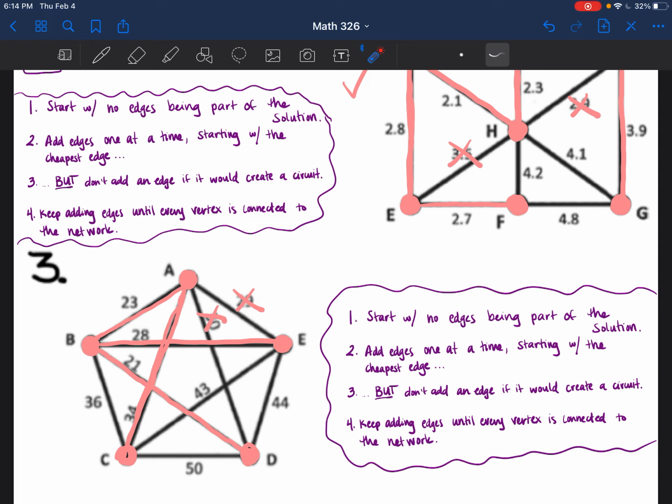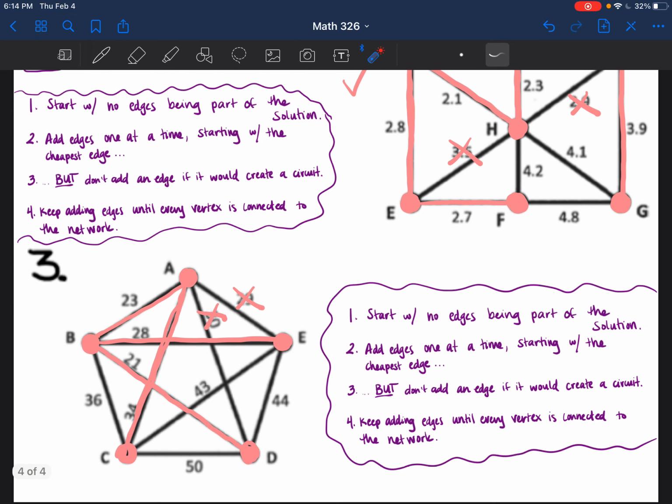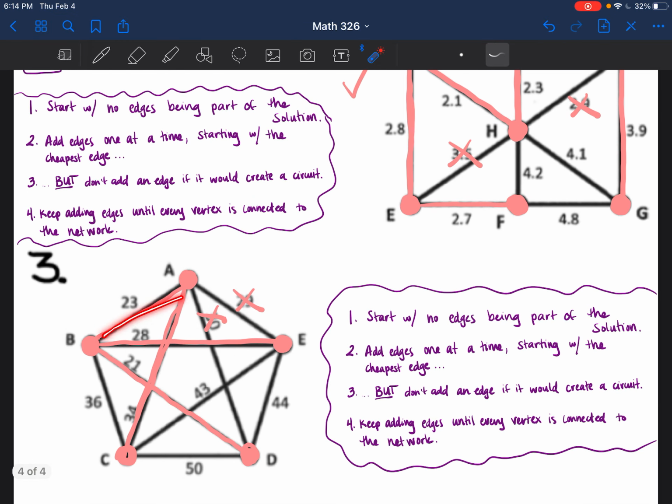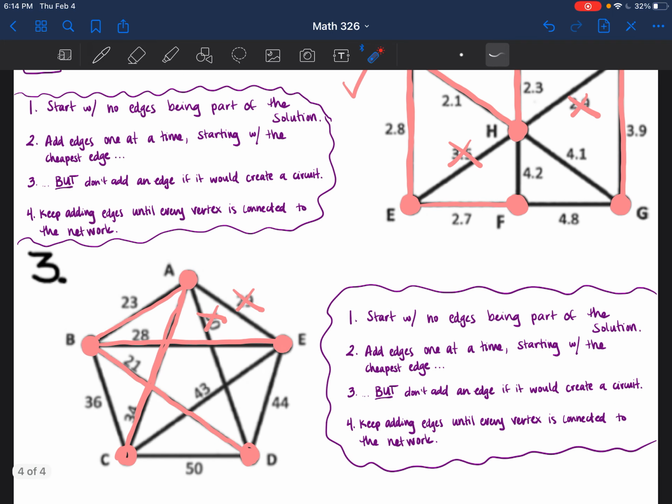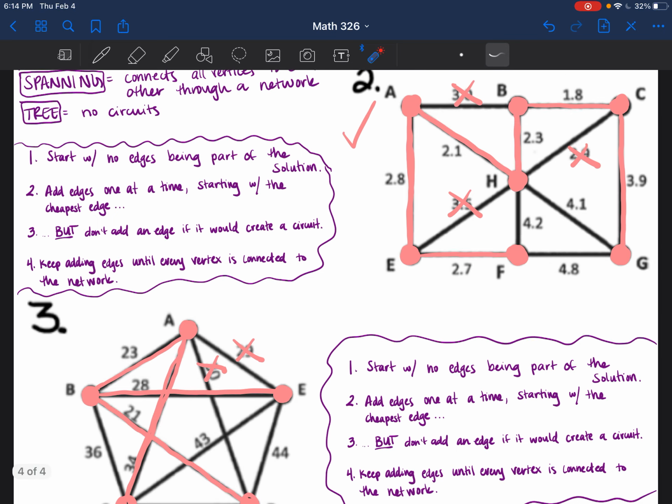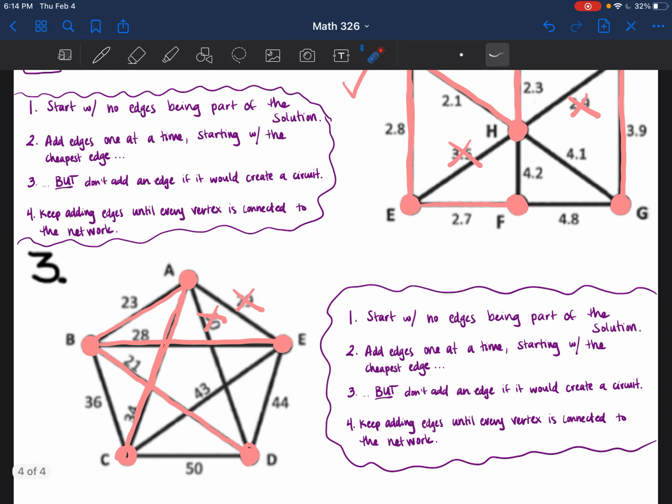So that means we have successfully used Kruskal's algorithm to create a minimum spanning tree because we used all of the lowest edges we could. We connected all the vertices to each other through a network. Even if you have to cross through edges to get to another vertex, that's okay as long as you're able to reach all of the other vertices. And we have no circuits.